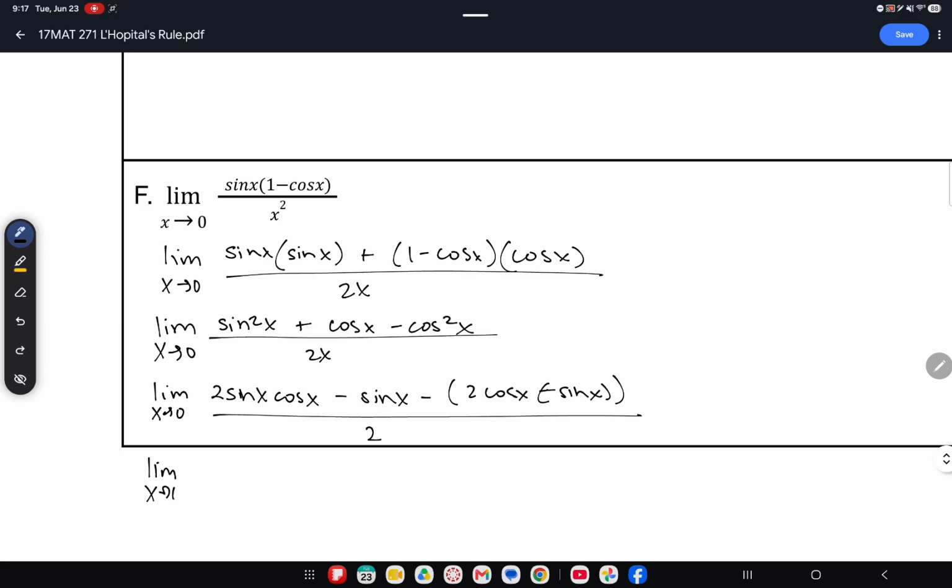I'm just going to rewrite it. So we get 2 sine of x cosine of x minus sine of x plus 2 cosine x sine of x.